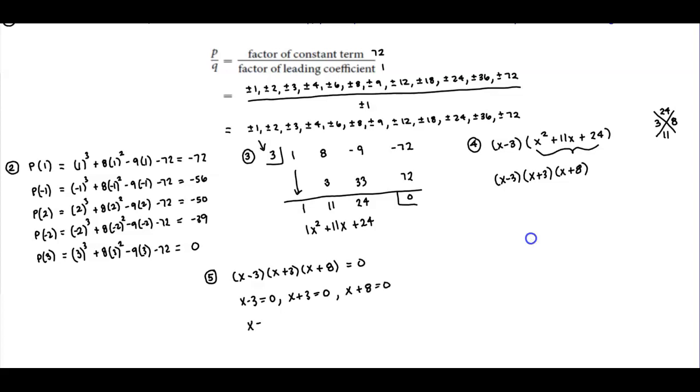So we get x equals positive 3, x equals negative 3, and x equals negative 8. So the zeros of the function are negative 3, positive 3, and negative 8.